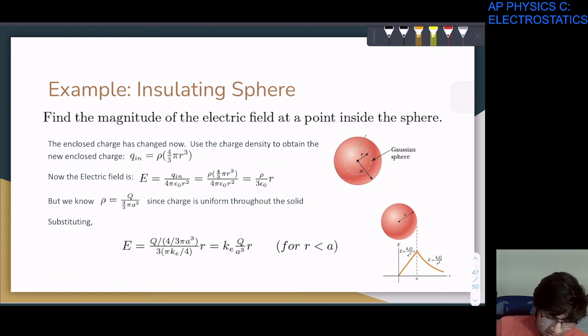We know that rho is equal to Q divided by 4/3 pi times a cubed. This is our total charge divided by the total volume, and substituting that in, we get this expression here, and that ends up becoming k sub e Q divided by a cubed times r.